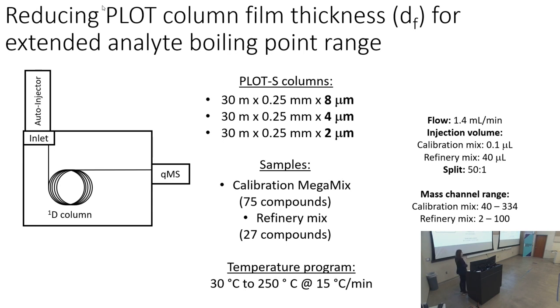And so I'll show you some one-dimensional chromatograms just to drive the point across of 2 different samples. So we're looking at the calibration megamix, so that's allowing us to look at the higher boiling point analytes. And then we're also looking at the refinery mix that has some lighter things in it.